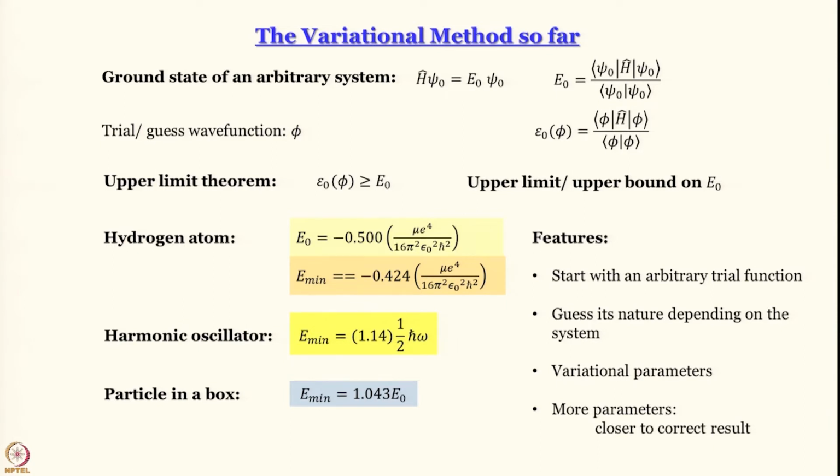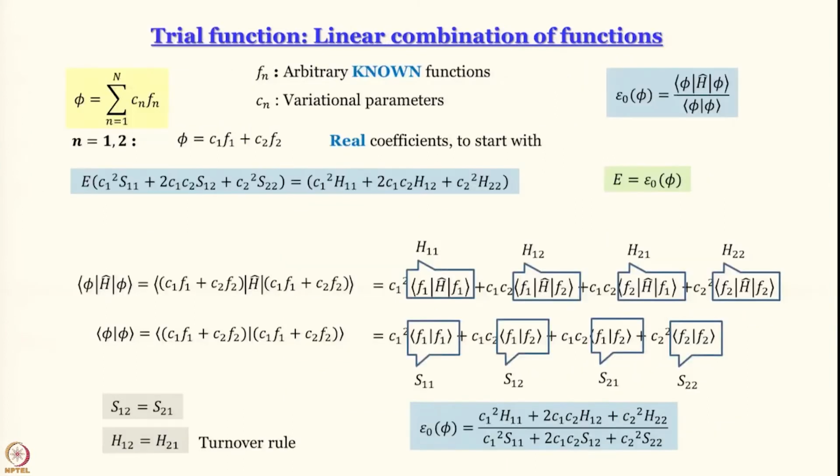Of course, the downside of that is that the calculation becomes more tedious. Okay. But if you have sufficient computational power, it is better to use as many parameters as you can. There is no problem of over parameterization, we are saved by the upper limit theorem. Great.